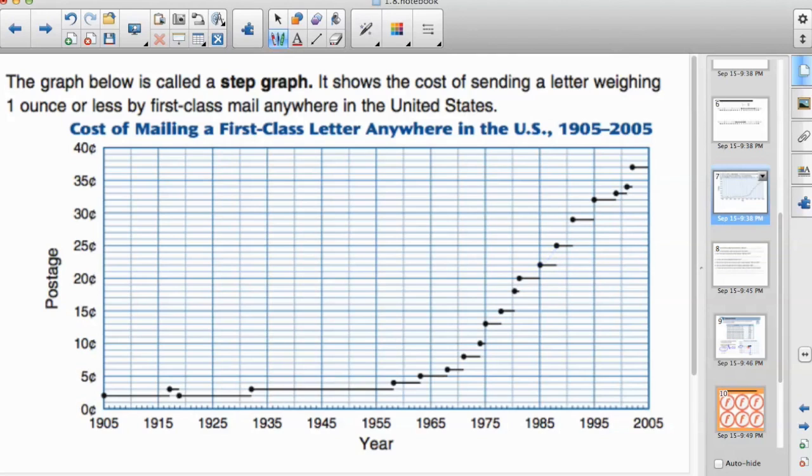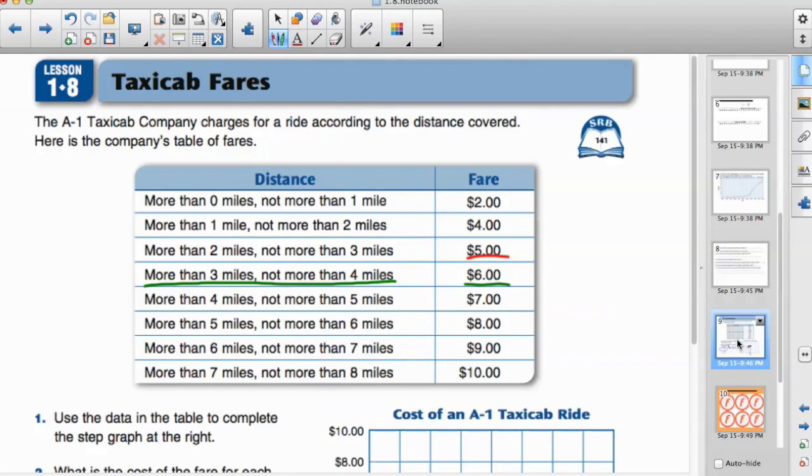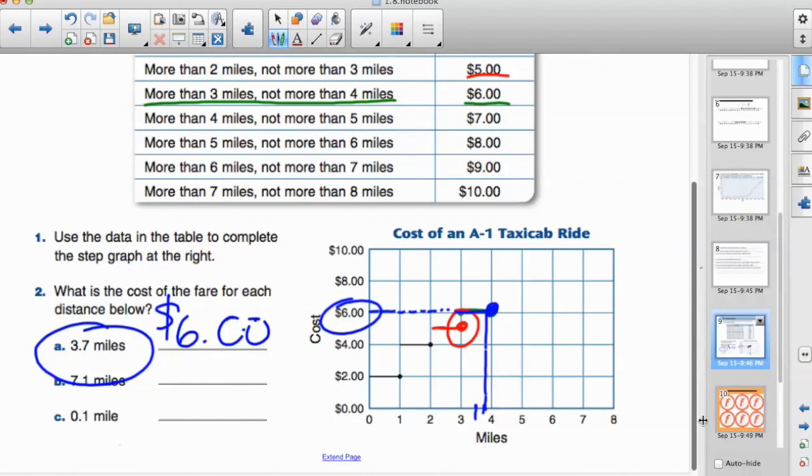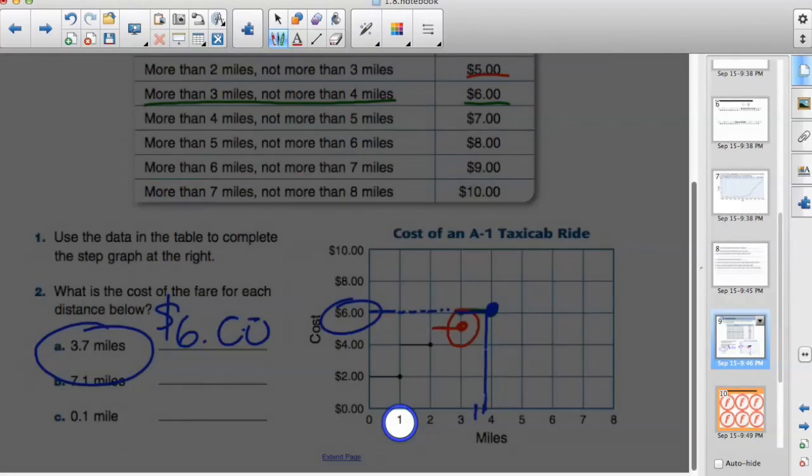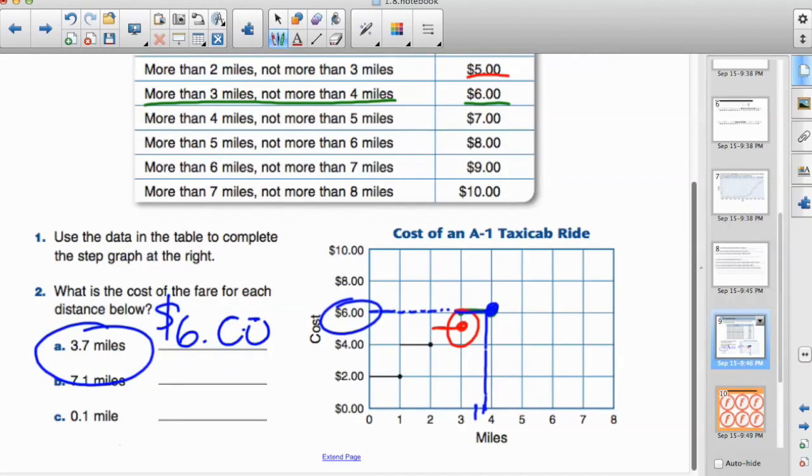Instead, at the end of 1988, we saw an immediate jump in the price of postage to 25 cents. So these show steps and jumps from step to step. Similarly, in our taxi cab example, we saw jumps. For instance, if you had gone just over 1 mile, it immediately jumped up to $4, showing that they are not gradual increases, but step increases.